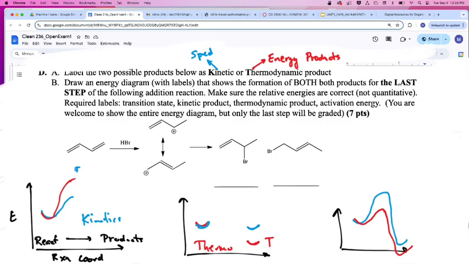If we look at the red one, does that one happen faster or slower? Faster. So that product would be kinetic. If we look at the product energies, the red one is also lower, so it's also thermodynamic. So the kinetic and thermodynamic are really only referencing different parts of the energy diagram.